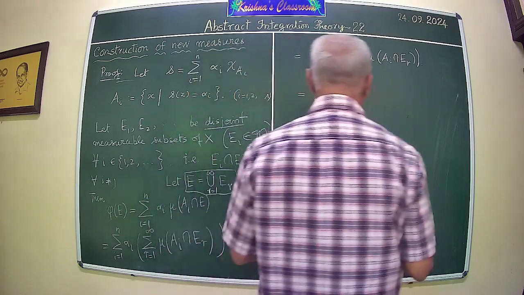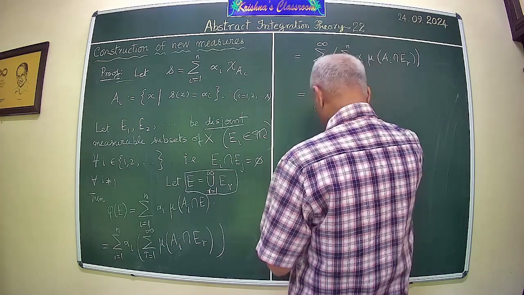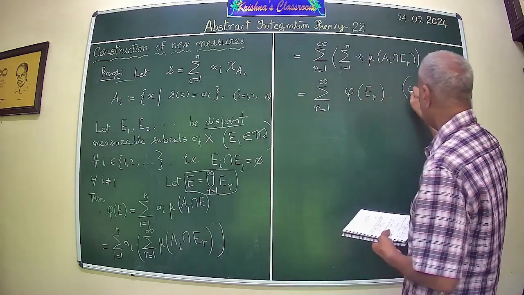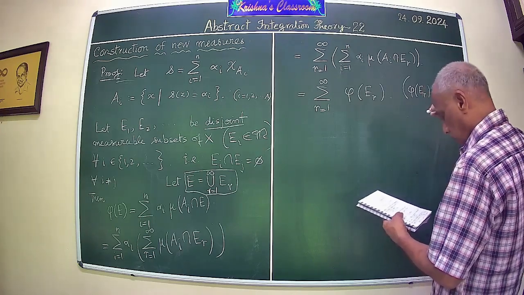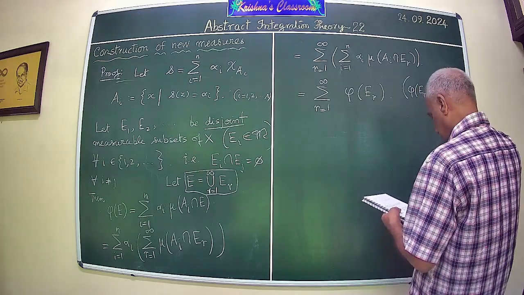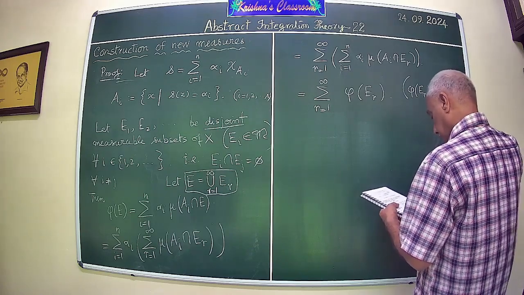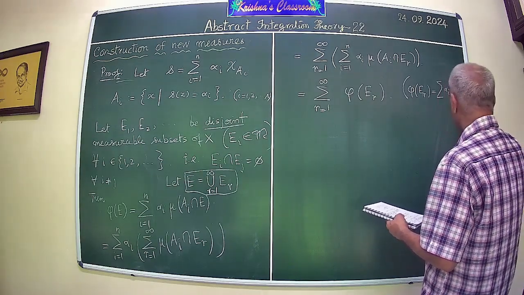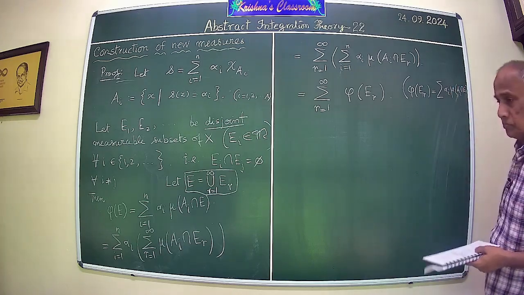So you see that this is equal to the summation over r equal to 1 to infinity of phi of E_r, since phi of E_r is equal to that.